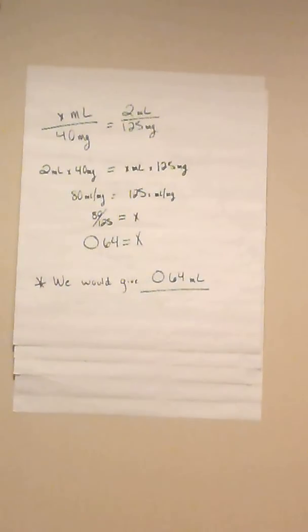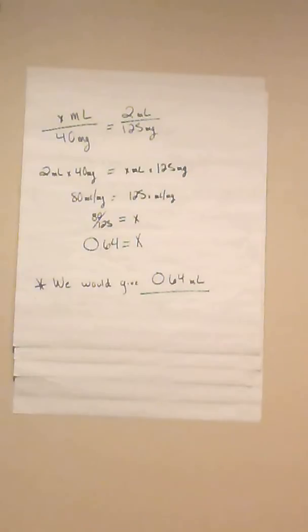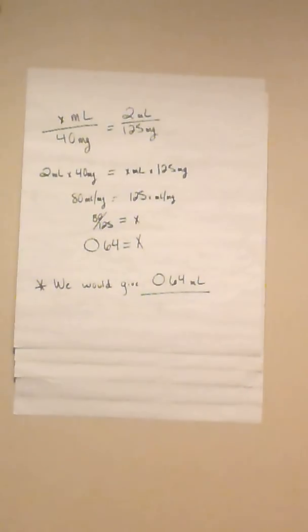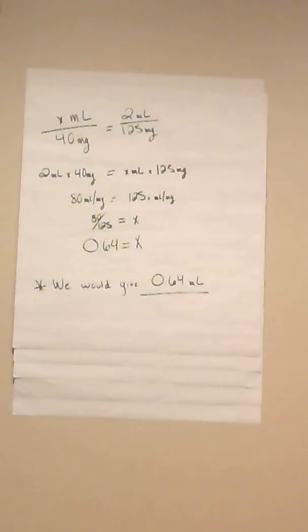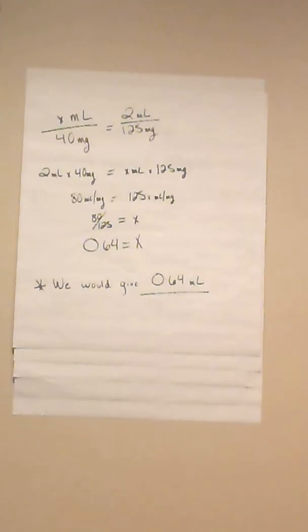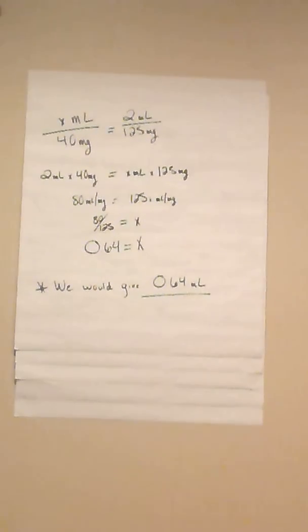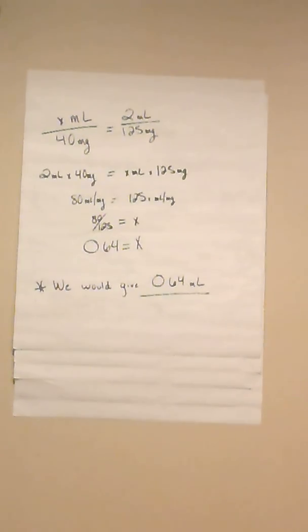We come up with 80 mL-milligrams equals 125x mL-milligrams. By dividing both sides by 125 milligrams, we are able to solve for x. In this case, x equals 0.64. Therefore, we would give 0.64 mLs to the patient for them to receive the 40 milligrams of Solu-Medrol.